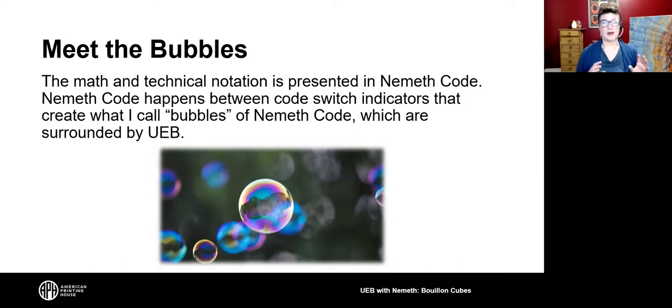That Nemeth Code happens between code switch indicators, and those create what I personally call bubbles of Nemeth Code. Those bubbles are surrounded by Unified English Braille. So the narrative text is in UEB and the math or technical notation is in its own bubble of Nemeth Code, which is separate from the UEB.